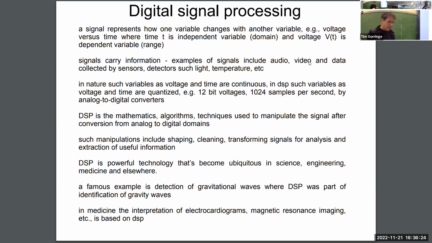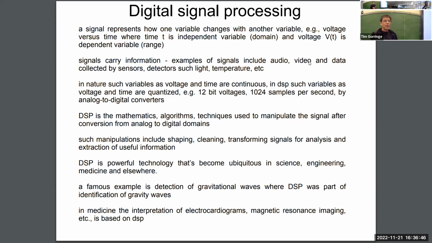So in the natural world, things like voltage and time are continuous variables. In our digital signal processing, our corresponding voltages and times are quantized variables.